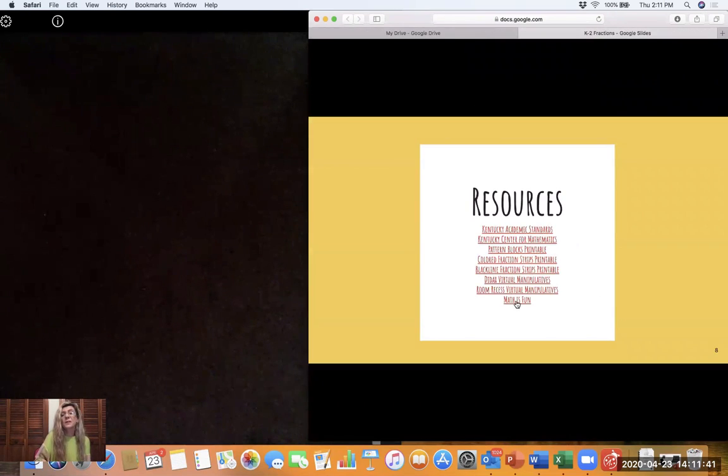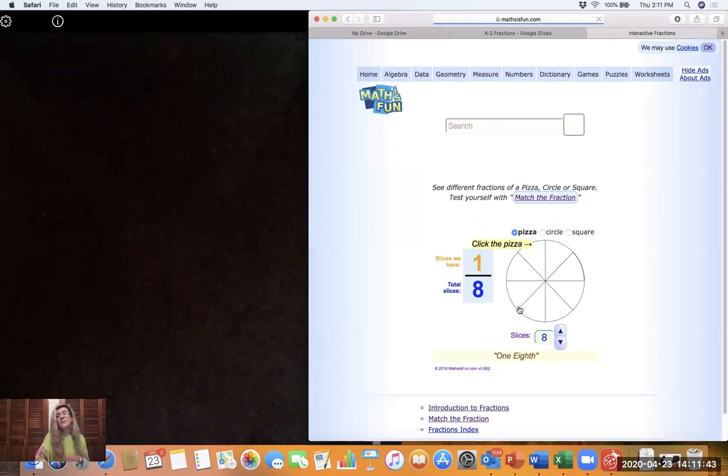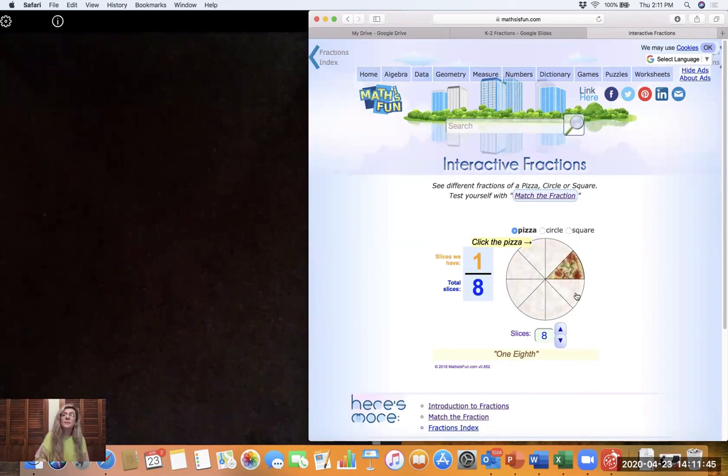And then here's another. The math is fun. It's designed more for a higher level, but what I liked about it was that, of course, kiddos love to work with the pieces, and you can change the number of slices to whatever you'd like, and they can notice that the fewer the slices, the bigger the pieces, and the more slices we have, the smaller the piece gets.